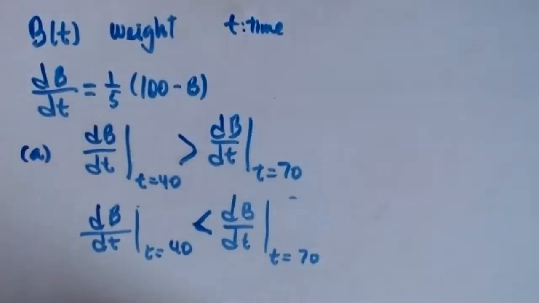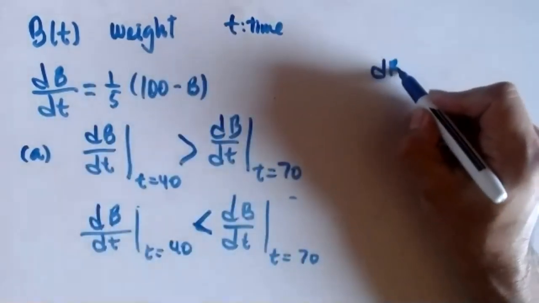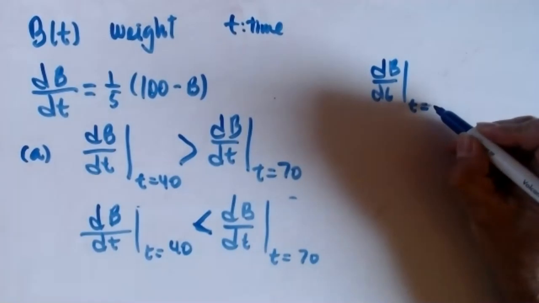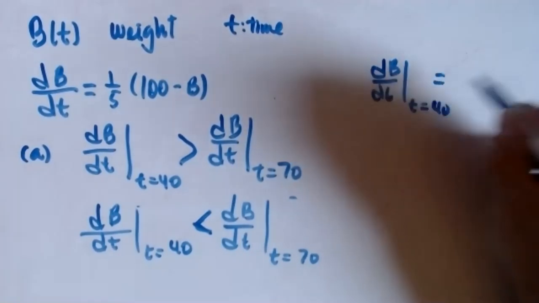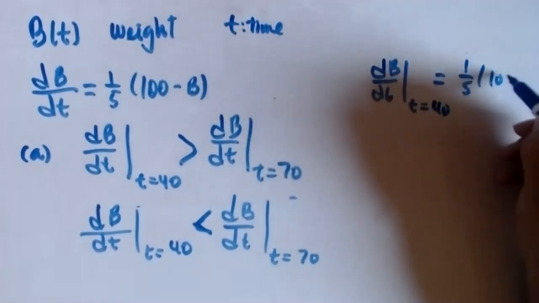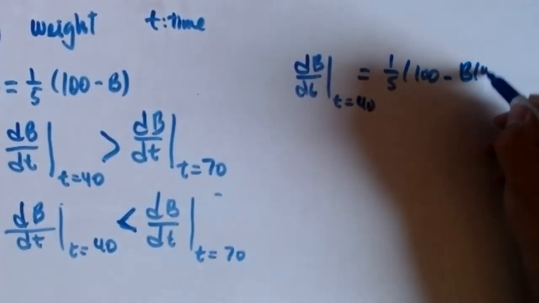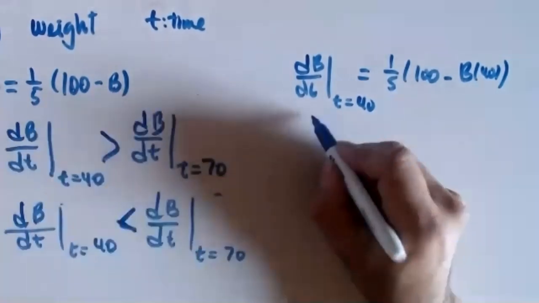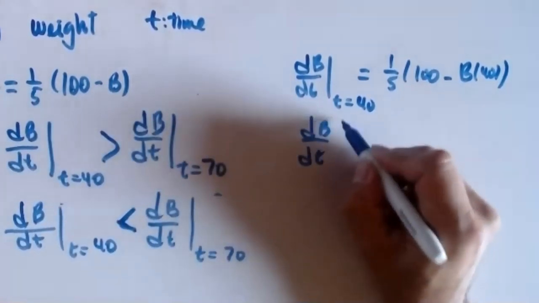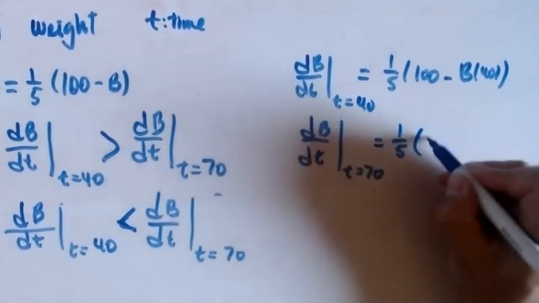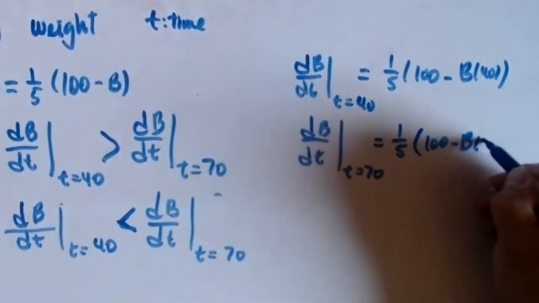So dB/dt when B is 40 is going to be 1/5 (100 minus 40), and dB/dt when B is 70 is 1/5 (100 minus 70).